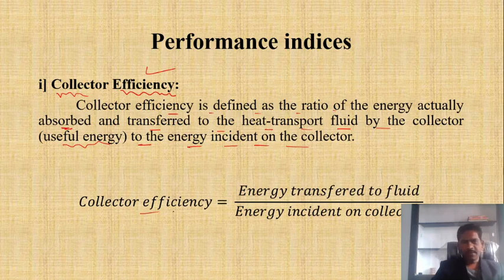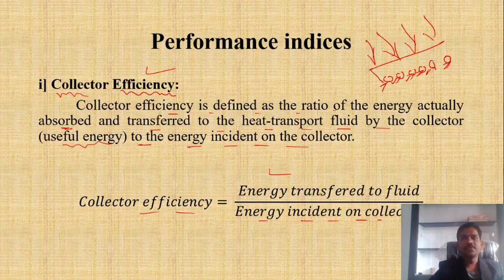Collector efficiency is nothing but the energy transferred to the fluid upon the energy incident on the collectors. We know that this is a flat plate collector and inside this tube the fluid will be circulated. Yes or no? Yes. And this is the solar radiation which is absorbed on the flat plate collector. So how much energy is transferred to the fluid?